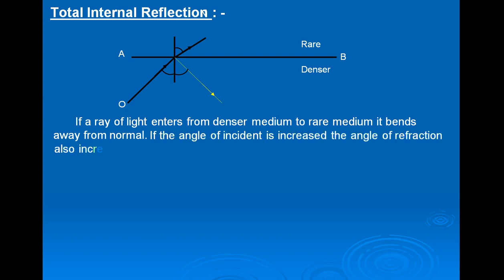Now if the angle of incidence is increased, the angle of refraction also increases.